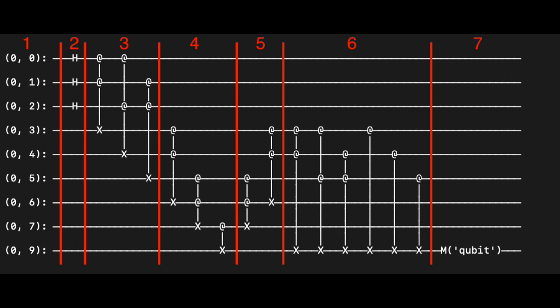So let's go back to section 2. The reason that I applied Hadamard gates here is because I wanted to illustrate a bit of a quantum effect on this circuit. So I put the input qubits into a superposition of the different computational basis states, and I passed them through these gates.